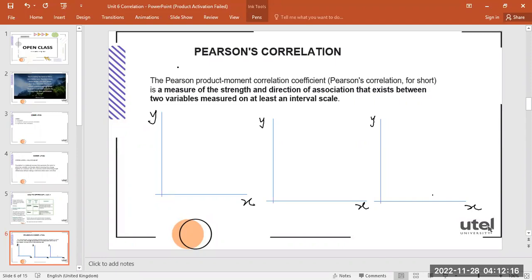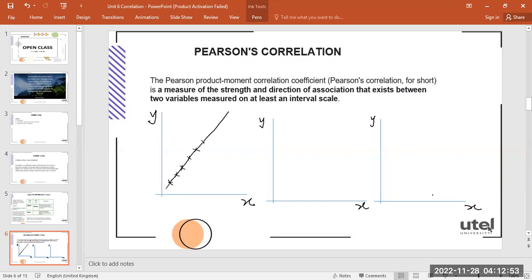Now, the first type of relationship is when you collect your census data, that is your dependent and independent variable, and you plot them as paired data points, and you have your data points aligned in a perfectly straight line such that your points appear exactly on this line.